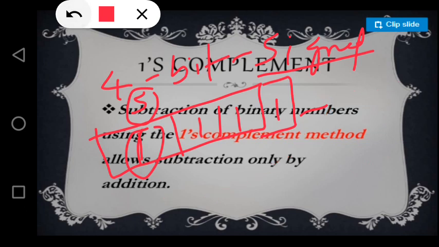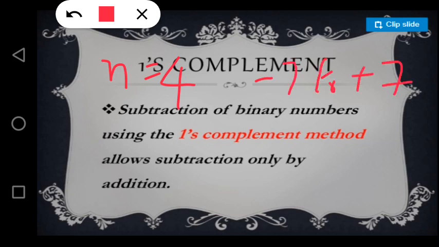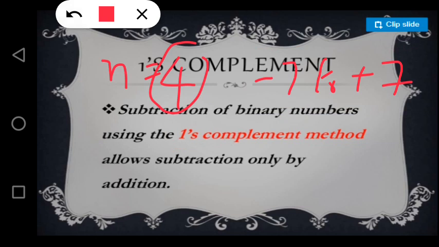So I should derive a formula. If n is equal to 4, the range is minus 7 to plus 7. So how can I derive this minus 7 to plus 7 from 4? It is important from the competitive exam point of view.